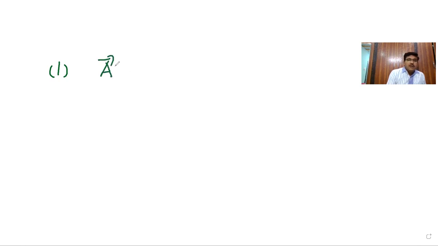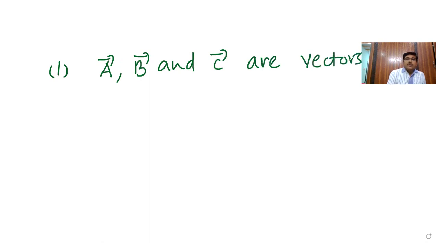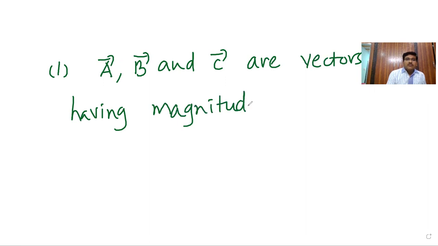A bar, B bar, and C bar are vectors having magnitudes of 100 units.